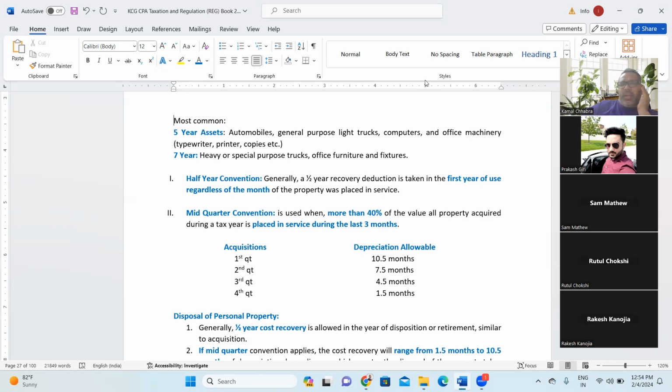For example, for the first year, you have purchased most of the assets in December, right? Then in that year, if you want to charge more depreciation, you can go for the half-year convention method, right?